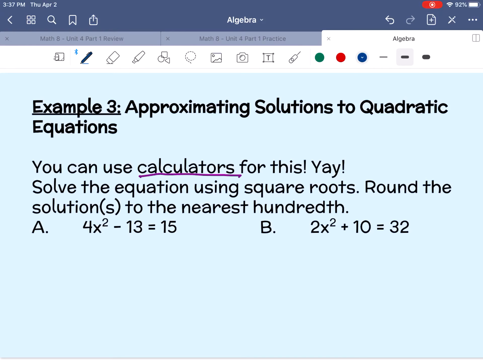We still need to get it into its x squared equals d format. So on this first problem here, we need to add 13 to both sides. So now I'm left with 4x squared equals 28. We need the x squared by itself, so I'm going to divide both sides by 4. So now x squared is equal to 7.